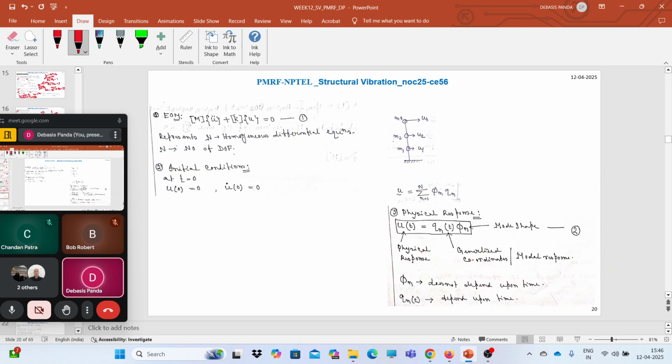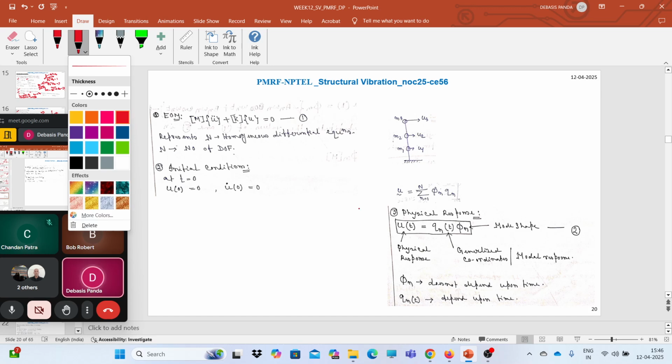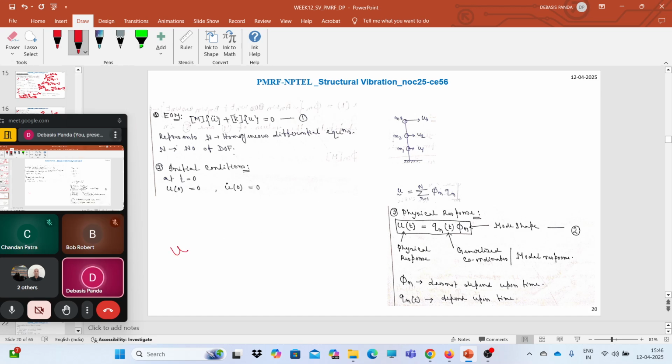Now we have seen how we can find the physical responses using this modal representation. That was quite easy. The physical response u of t is nothing but the generalized coordinate times the mode shape.